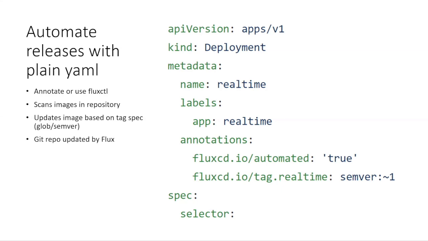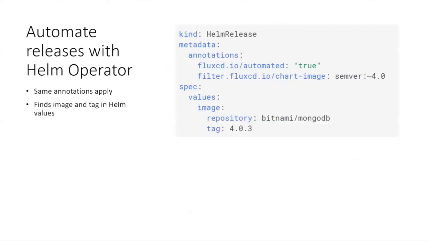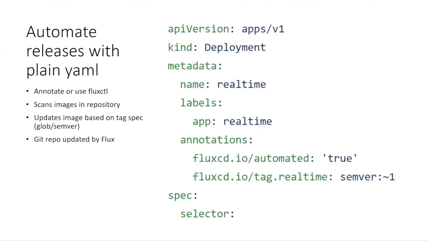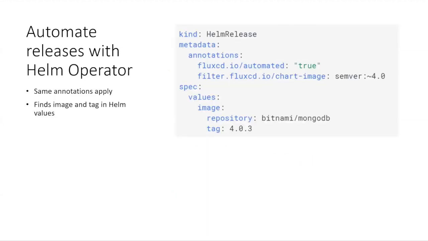So Flux is here doing the work of continuously monitoring your container repository. And if there's a new version out, it will actually deploy that new version. This is with a plain YAML file, but that works the same if you're using the Helm operator. The Helm release I've showed you earlier can also be automated.